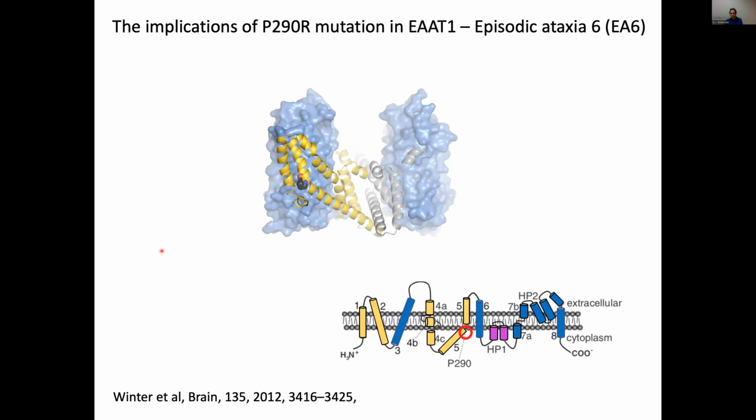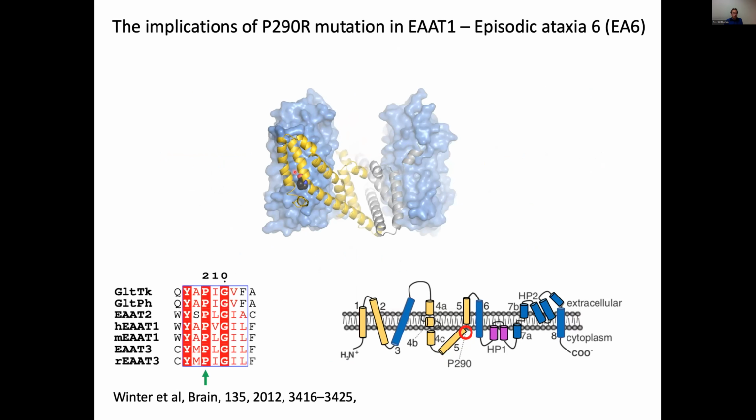Now this mutation is located in one of the transmembrane helices of the scaffold domain. So it's in transmembrane segment 5 in the structure. I've cut out one of the 3 subunits here for clarity, but it's over here. It is really at the interface between the scaffold domain and the transport domain.